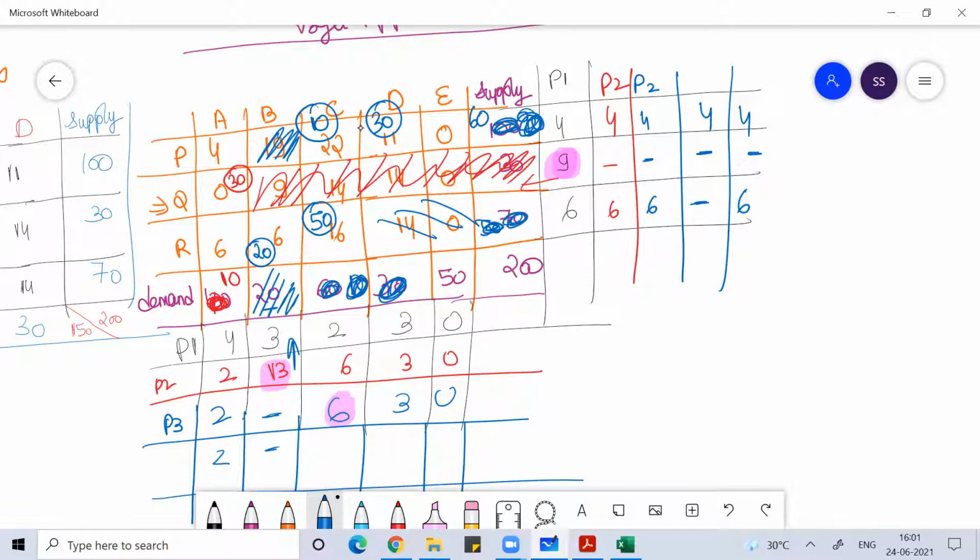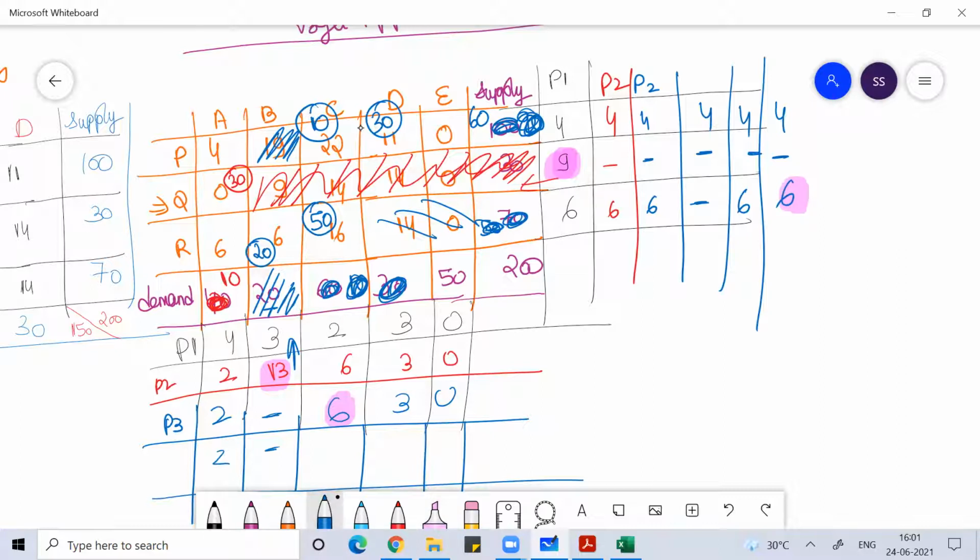So first I'll give allocation to the 6. Row-wise the first row is 4, the third is 6. Column-wise this is 2, the rest are done, and this is 0. So the largest value is 6.